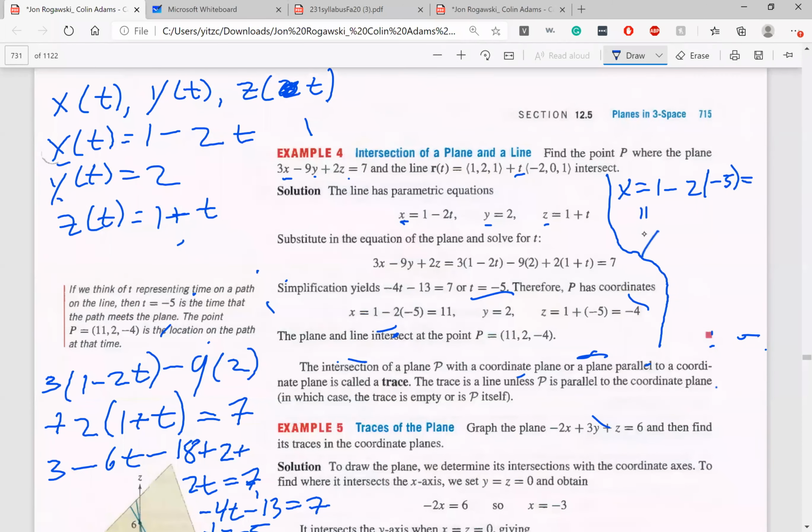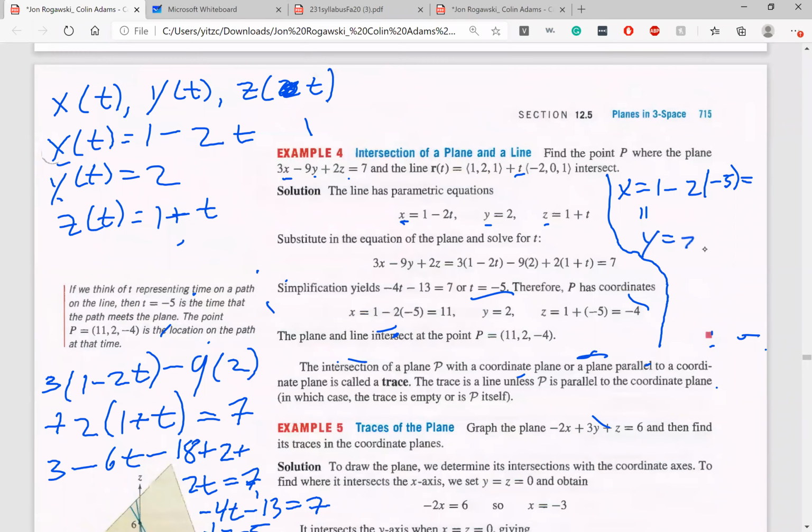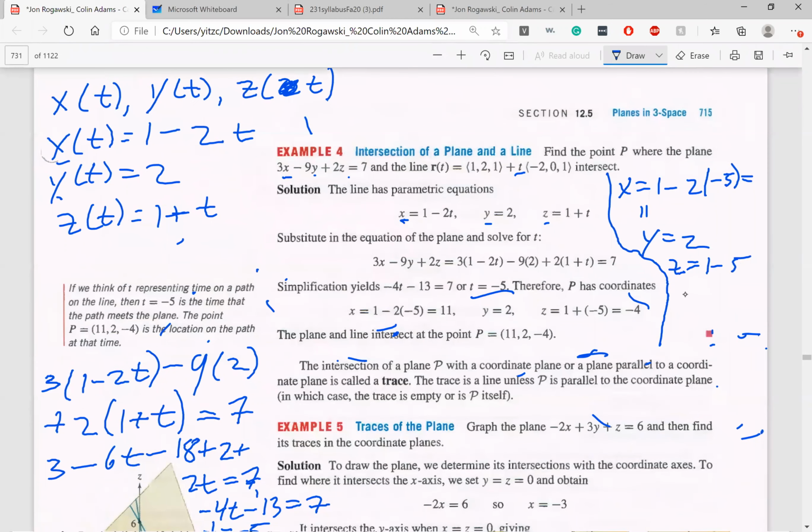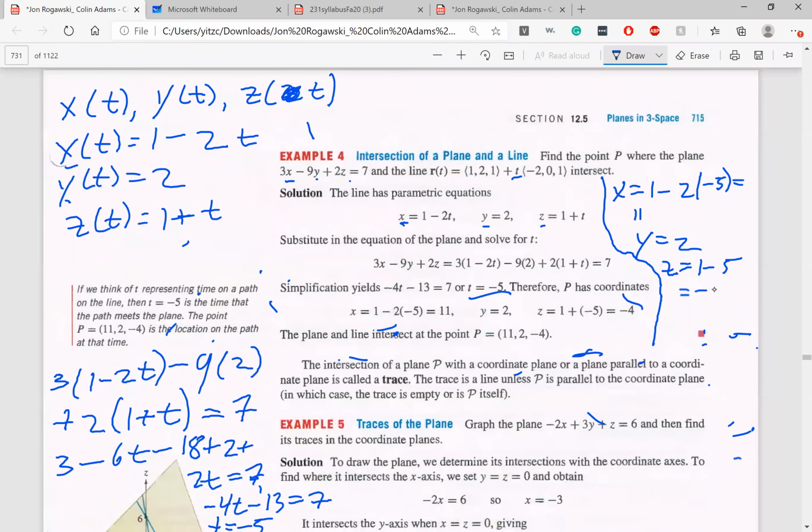And you get that y is equal to 2. And you get that z is equal to 1 minus, and now for t, when you plug in -5, you get -5. And this is equal to -4.